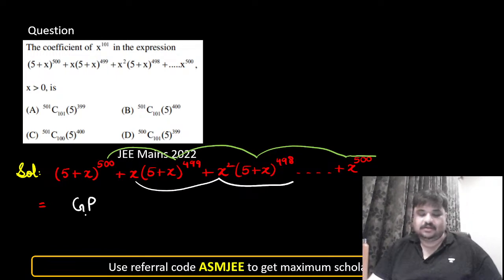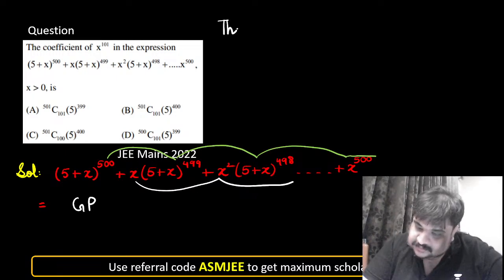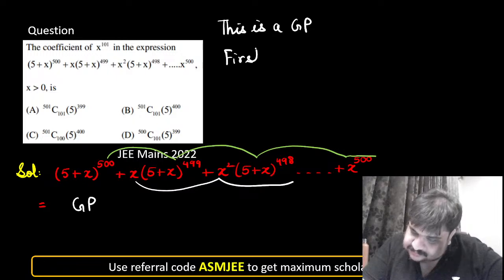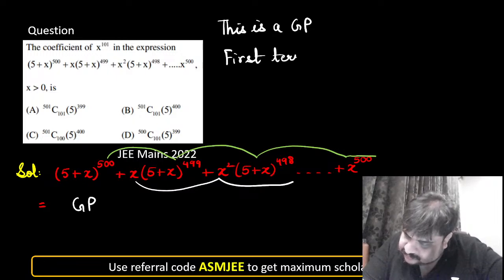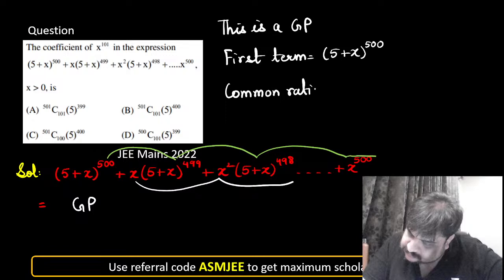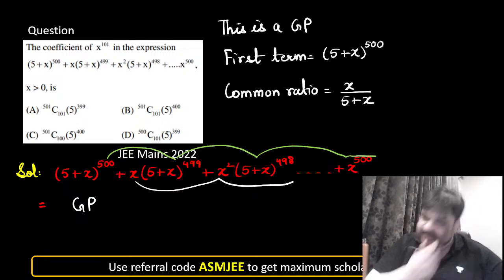It is GP, with first term and common ratio. This will be the common ratio.